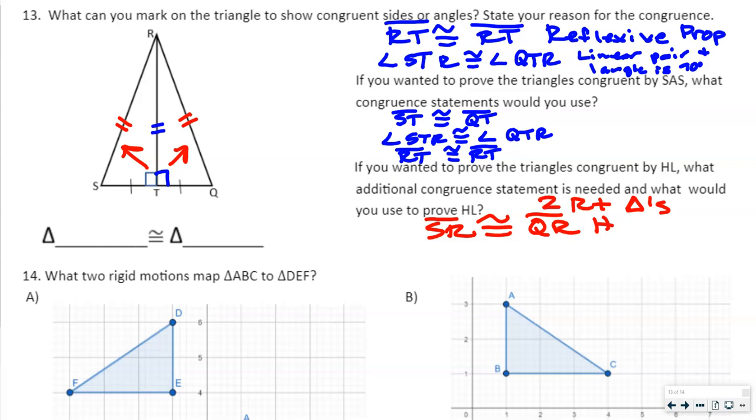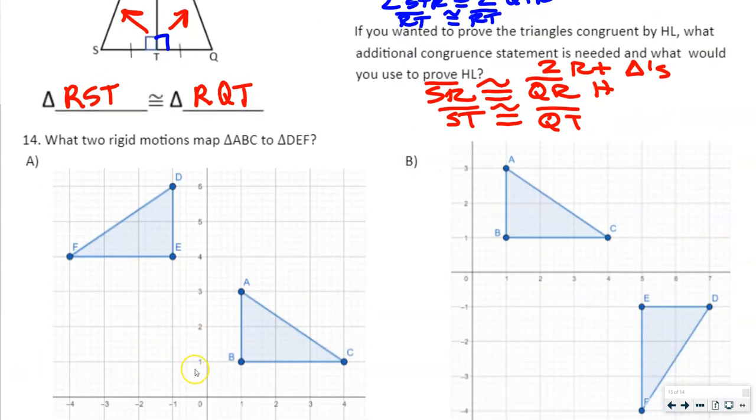That's our first condition. And then we could use either one of the other sides. So we could say ST is congruent to what? QT. Okay? So this triangle statement, congruent statement, again, I'm going to do RST. So what would be my congruent statement for the other side? RQT. You got it.